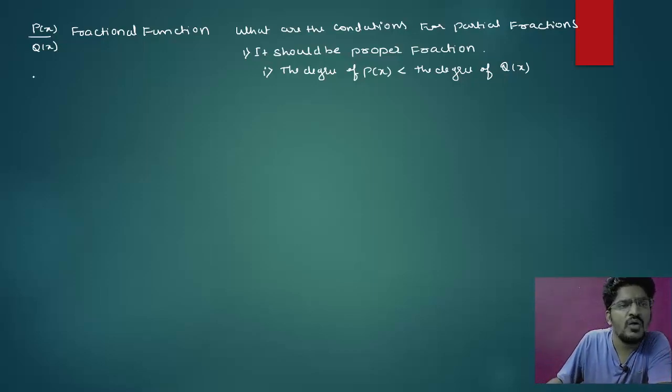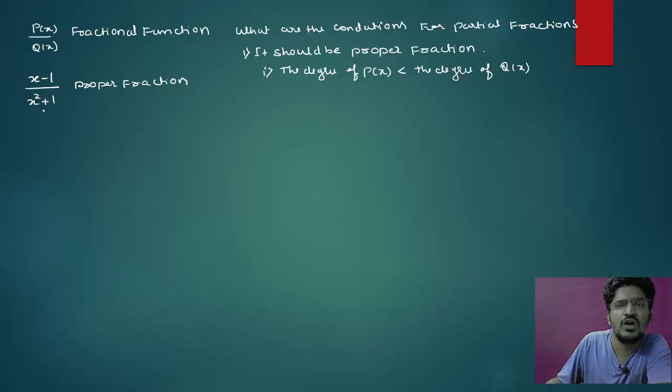Clear? So now if I write x minus 1 divided by x square plus 1, this is a proper fraction. You can see that the degree means the highest power of the given polynomial. The highest power in x square plus 1 is 2, and here it is 1.